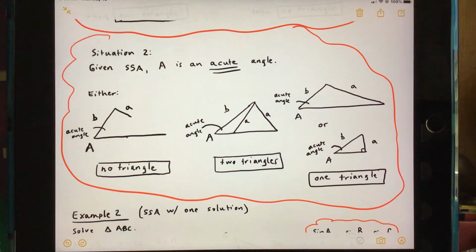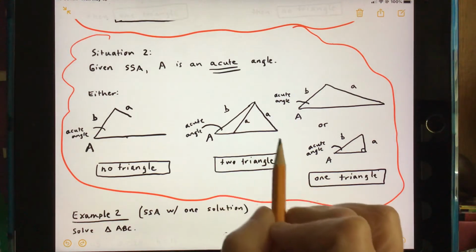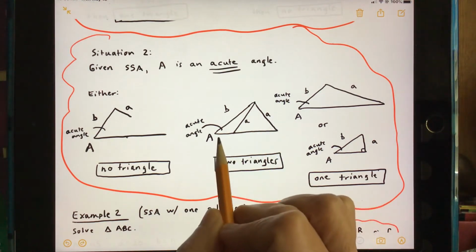I want you to pay particular attention to if there's two triangles. How is that possible given this one angle and a side we're going to call B and a side measurement called A? Well, imagine first that we were able to form a triangle with A and B sides with this acute angle.